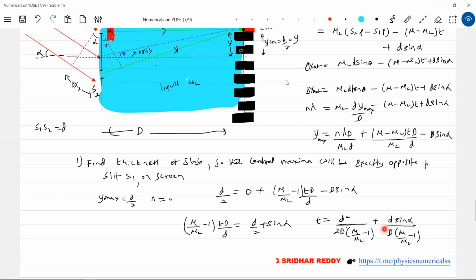Check the final equation once. Okay, I think this will be our final answer. This should be the thickness of the slab.